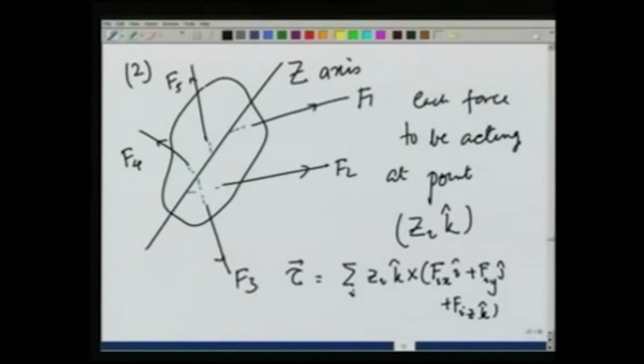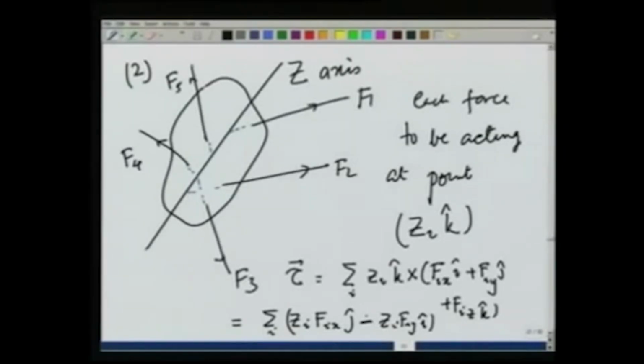And if I evaluate this, since k cross k is 0, you will see this comes out to be summation z_i f_ix (k cross i is j) minus z_i f_iy (k cross j is i with a minus sign). So, the minus sign we have taken care of.